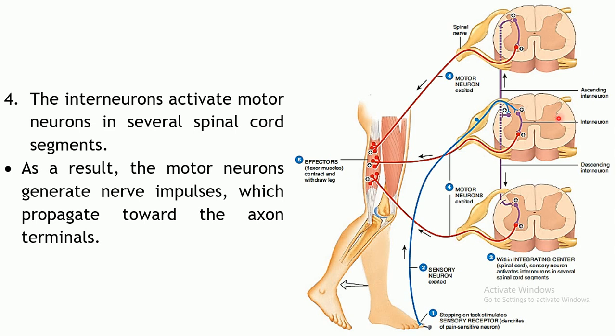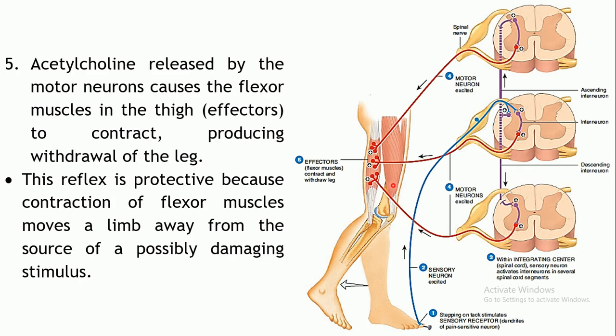So that integration is carried out by these interneurons at different segments, and as a result of this, a motor neuron generates a nerve impulse which is propagated towards the axon terminal. So motor neurons at different segments are getting stimulated now. Entry is taking place only at one segment, but the information spreads in different segments and the output also is given at different segments, right?